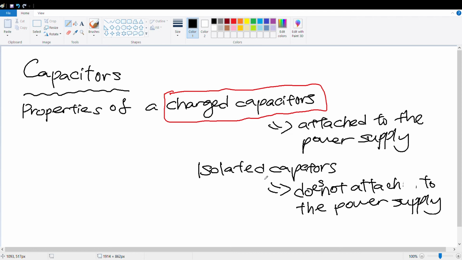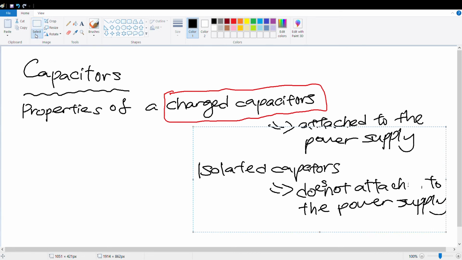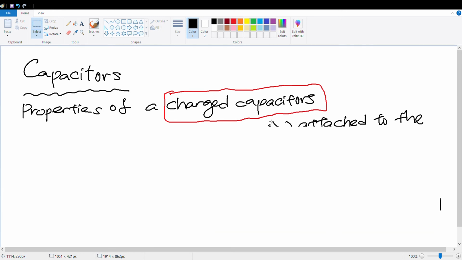These are the two main descriptions for the capacitor. We need to determine clearly whether the capacitor is either attached to the power supply or not. In this case, we're going to discuss the properties of the charged capacitor. The charged capacitor basically is attached to the power supply.